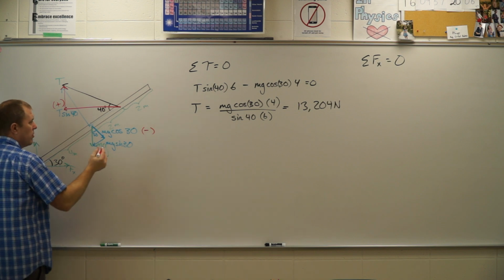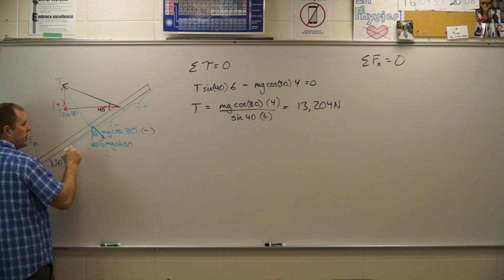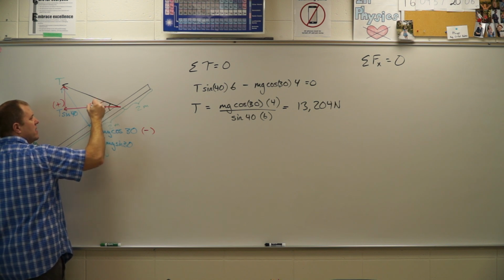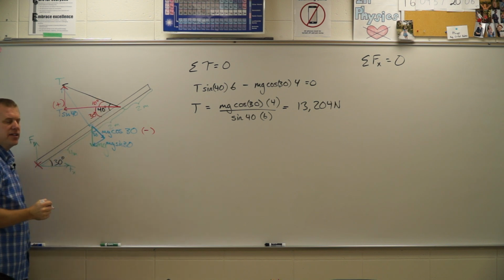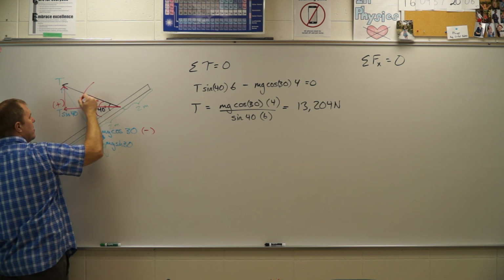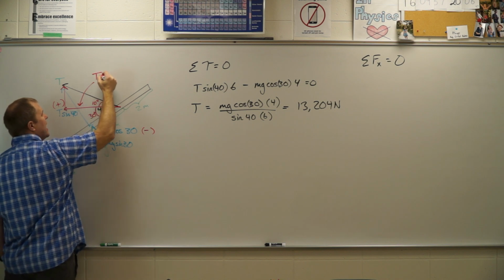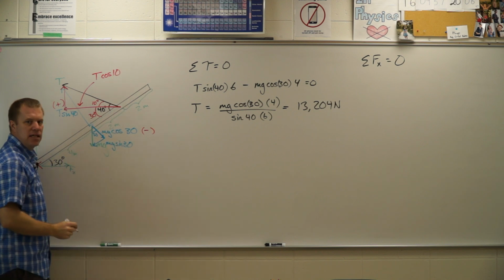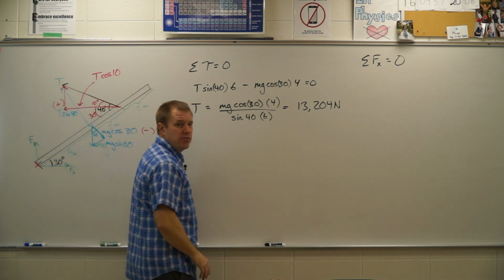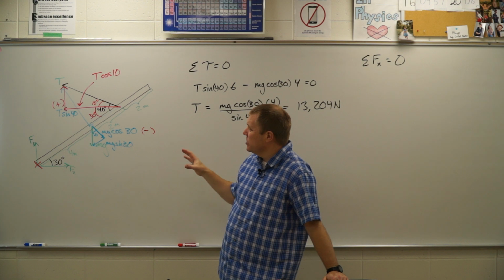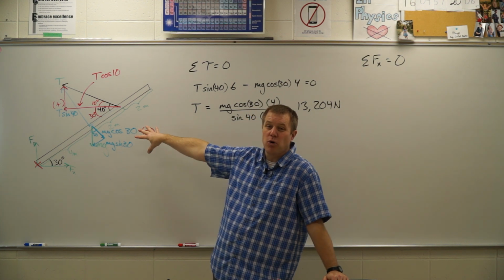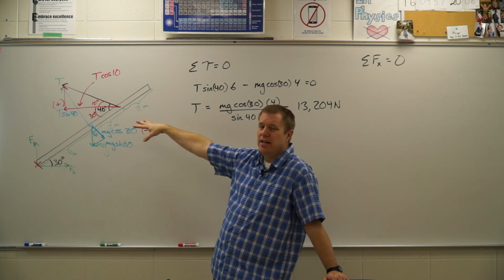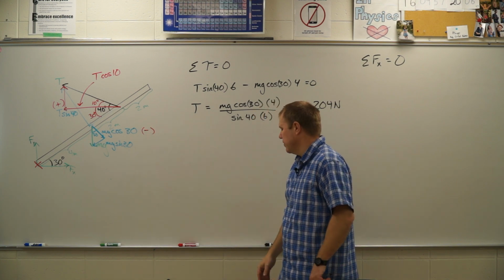Okay. So in order to do that, I see this angle down here is 30. So that angle here is 30. That makes this angle here 10. And so the x component here, this one, is going to be tension times the cosine of 10. All right. Notice I drew my free body diagram pretty big so that I could do both the blue, my torque resolving of vectors, and the red, my x and y resolving of vectors.